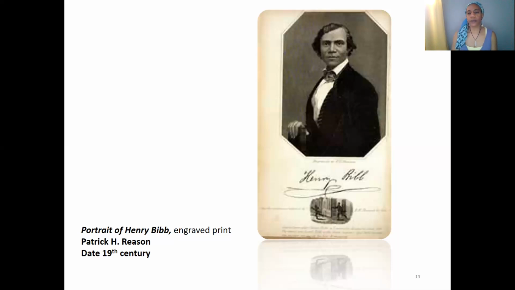And so what he would do is he, meaning Patrick Reason, would go to the metal, and then he would have the sharp tool. And he'd look at Henry Bibb or took a picture of Bibb and knew what he was like, but he had to carve that image in the reverse.